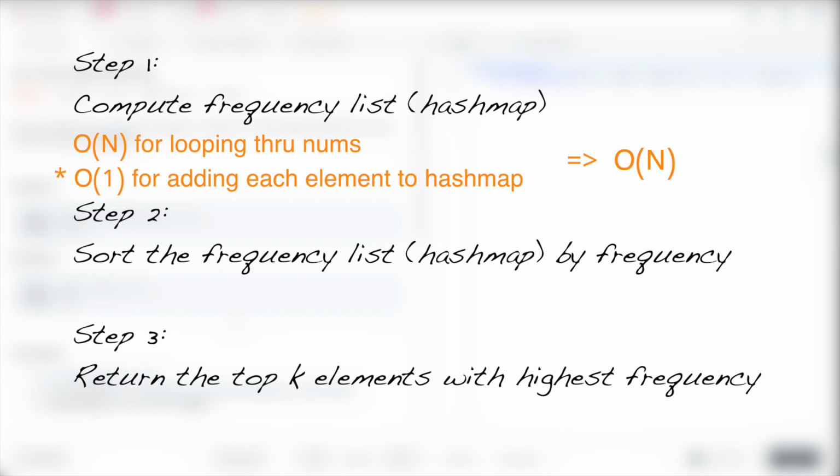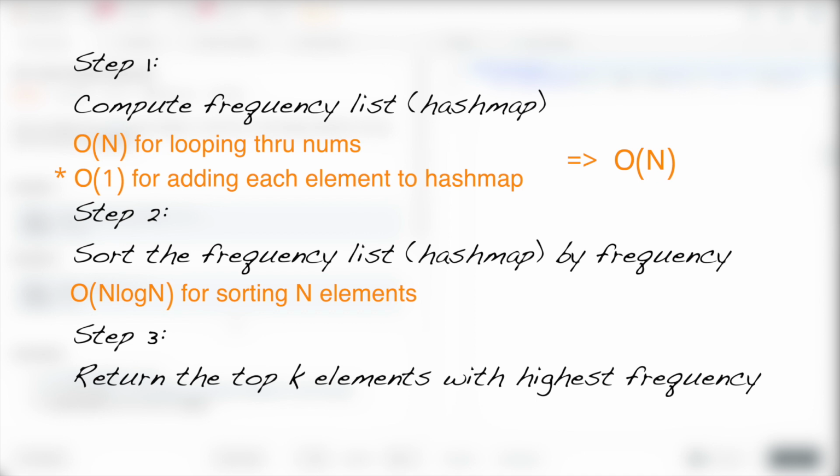And then we said we're going to sort this hash map by its frequencies, by its value. And for sorting, if we're using the default sort method in Python, then it's going to be a big O of n log n runtime. So far, our overall runtime is going to be big O of n log n.